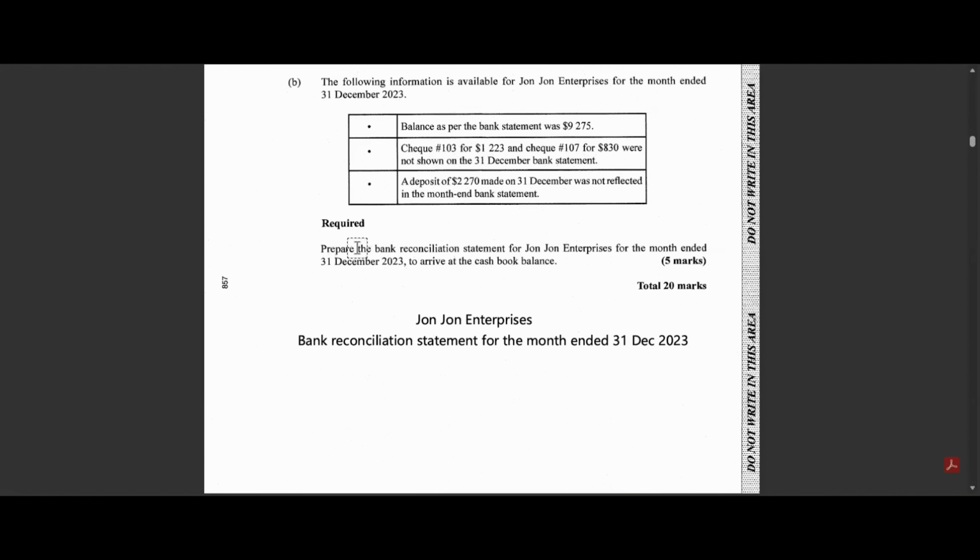Now, they told us to prepare the bank reconciliation statement for John Enterprises to arrive at the cash book balance. So we do have to begin with the balance as per bank statement. So let's begin with the balance as per bank statement. And the balance as per bank statement would have been 9275.